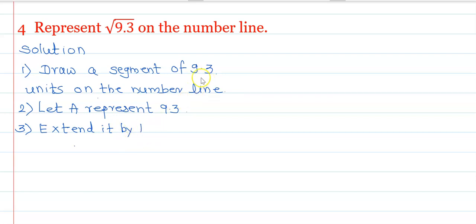If you have taken it as 9.3 centimeter, then extend it by 1 centimeter.